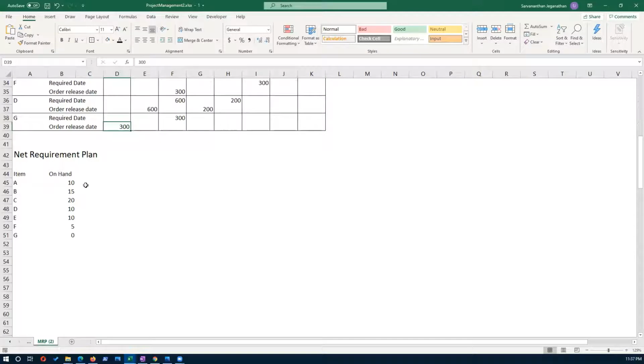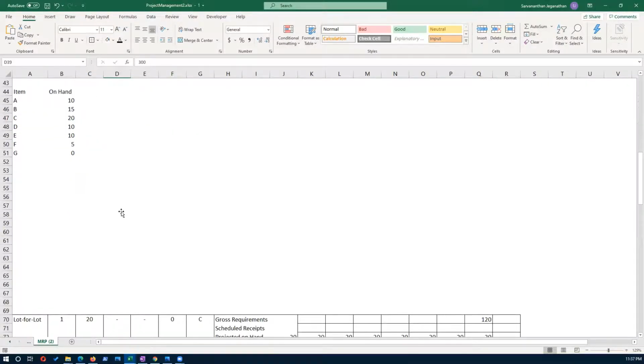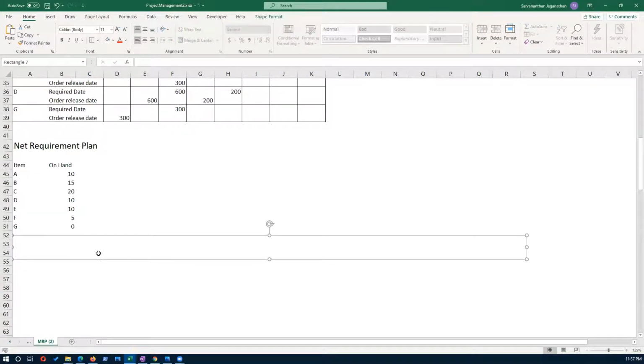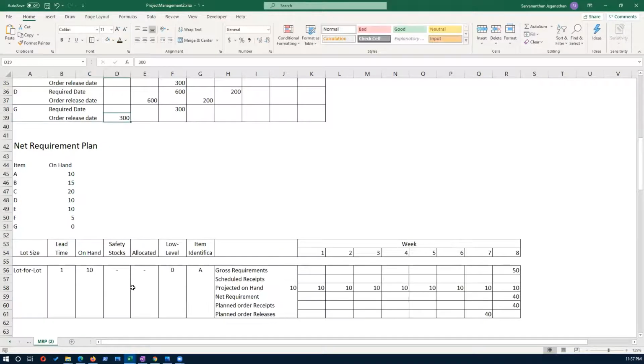So let's say we have 10 units of A on hand and 15 units of B and so on. So we have a certain level of inventory. In that case, we will have to find the net material requirement.